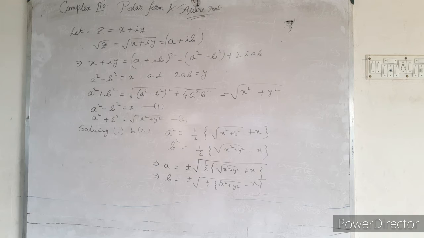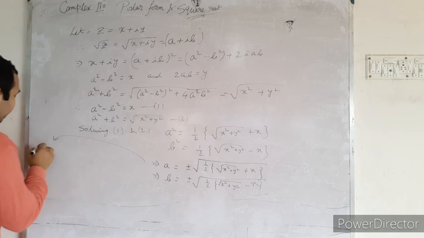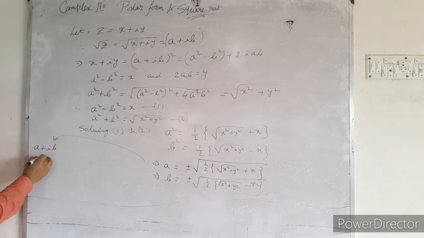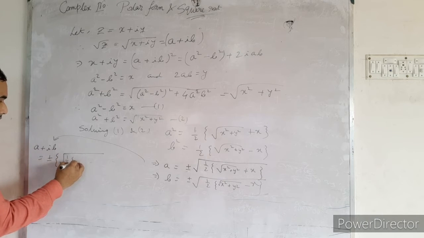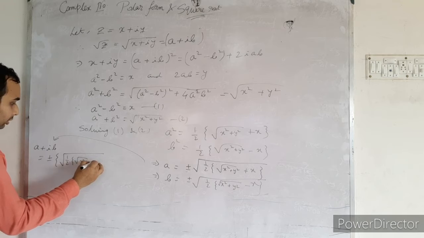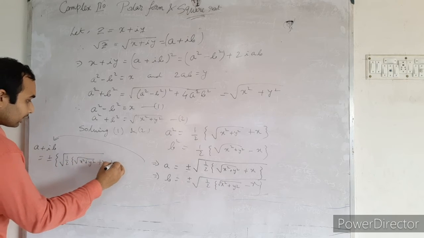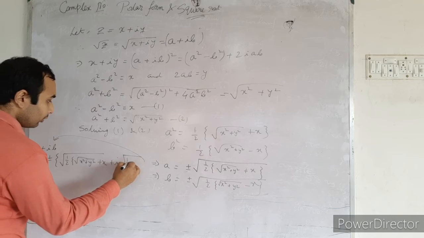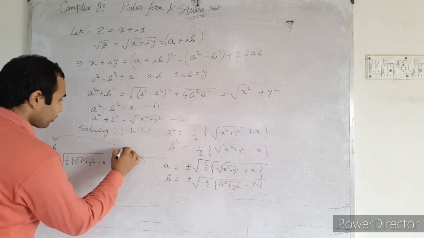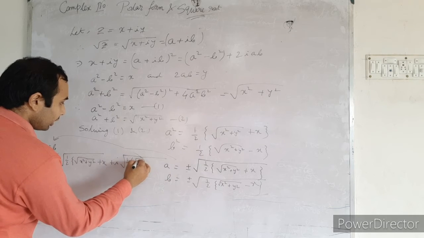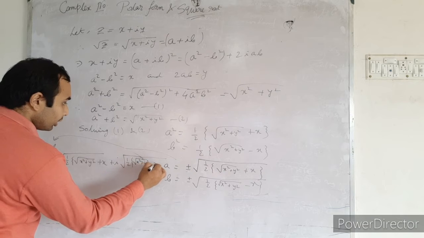Now our motto is to find a plus ib. So from here we can write a plus ib equals plus minus, if we take that as common, root over half of (root x square plus y square plus x) plus i root over half of (root over x square plus y square minus x).